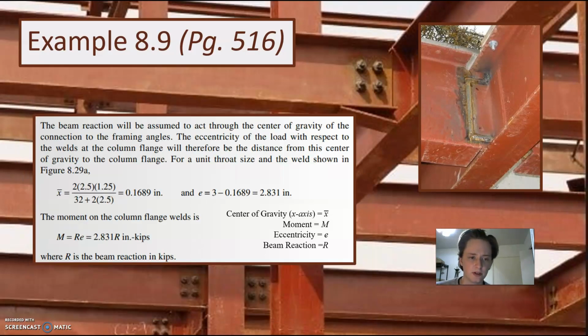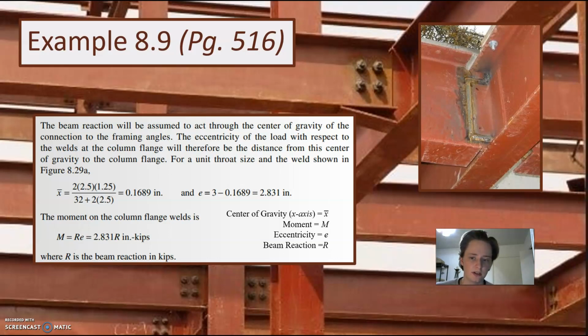The first thing we want to do is find the moment on the column flange. To do that, we're going to have to find the eccentricity. To find the eccentricity, we have to find the center of gravity. And we do all three of those things.